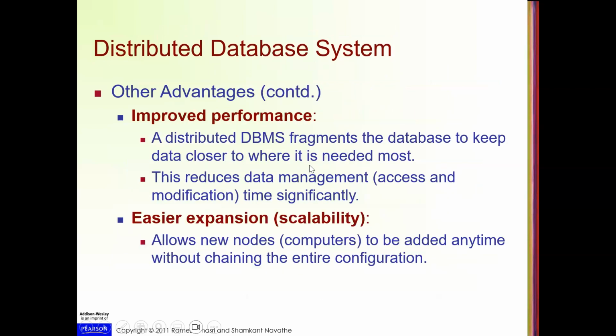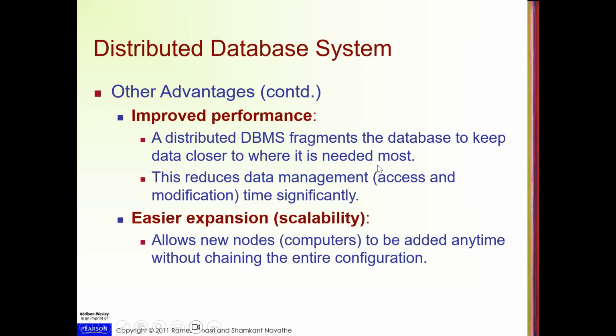Improved performance is one of the advantages, because here we have many computers doing the work, so the performance is improved. A distributed DBMS divides the database to keep data closer to where it is needed most.